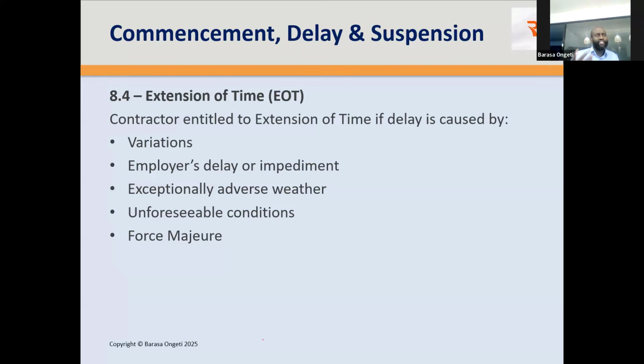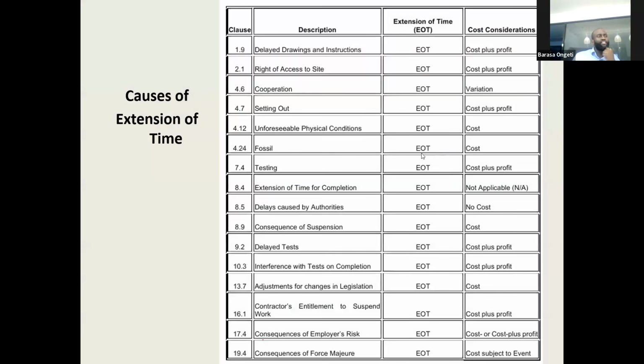So what are the clauses in these conditions that entitle the contractor to an extension of time? Any delay or impediment caused or attributable to the employer under a clause of this contract. What are these clauses? They're all listed here.